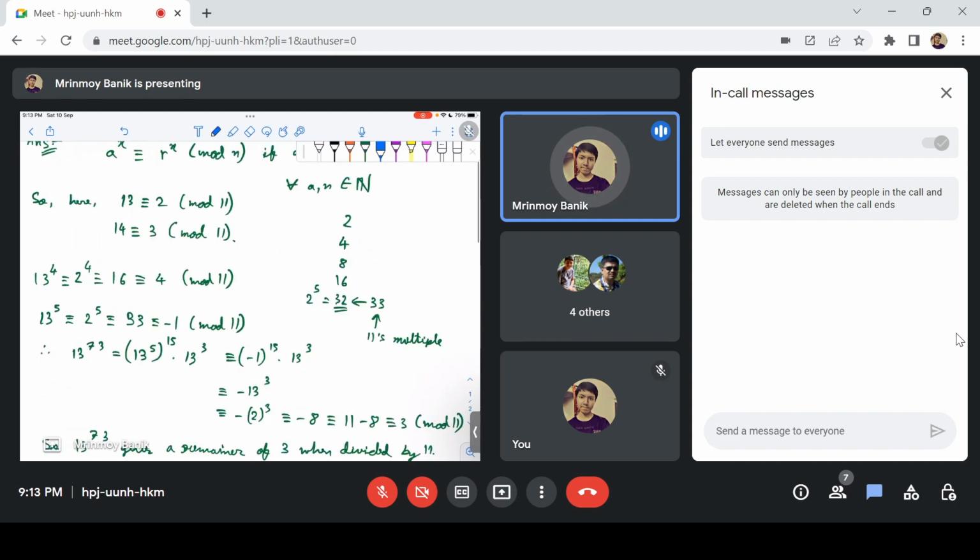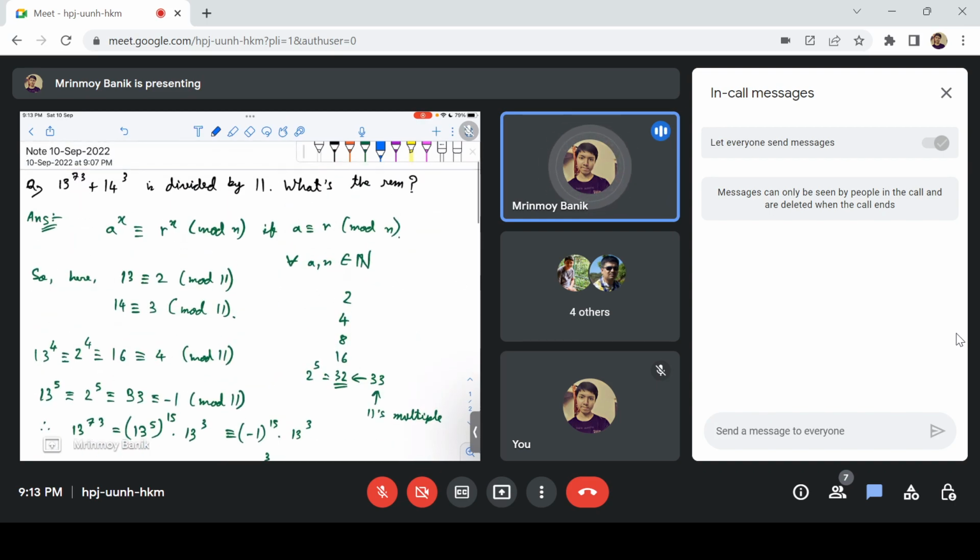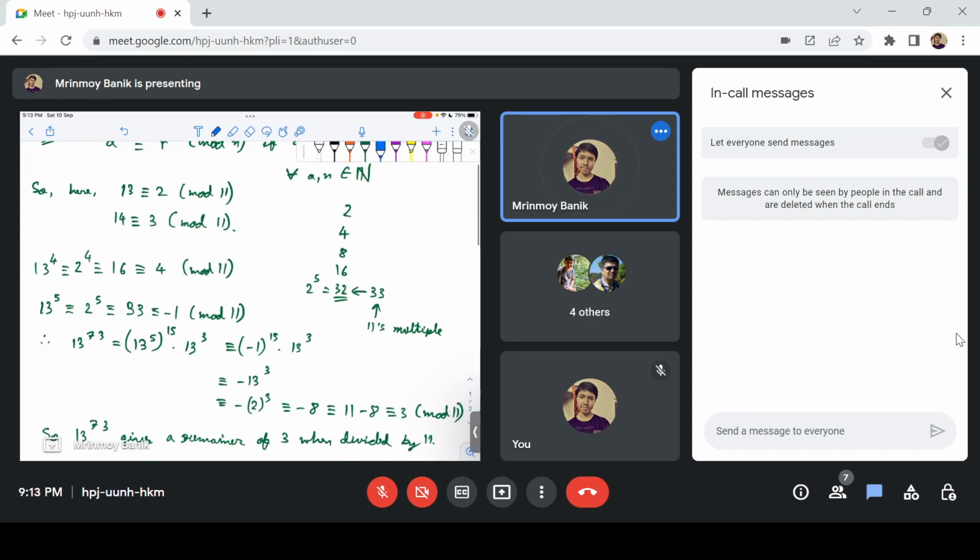Did I make any errors, I mean calculating errors or something? So 2 power 5 is minus 1 modulo 11.